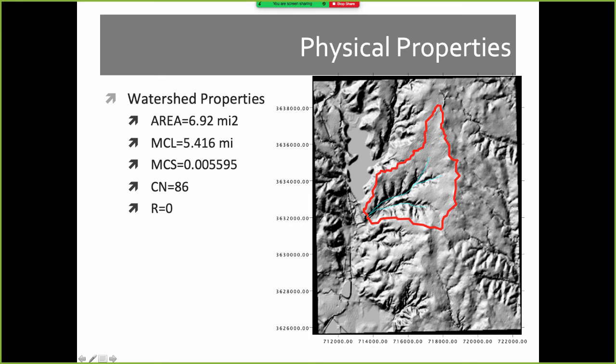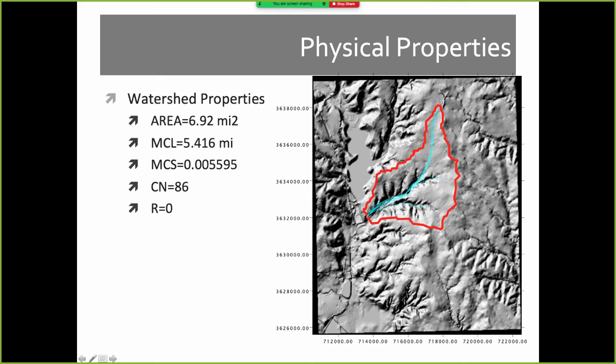And using the tools we've already studied, it wouldn't be difficult for us to come up with a drainage area, 6.9 square miles, main channel length, and I think in this particular watershed, the main channel is defined as that. And a main channel length is not necessarily what you and I think of as a human being. It's defined by a computational scheme.